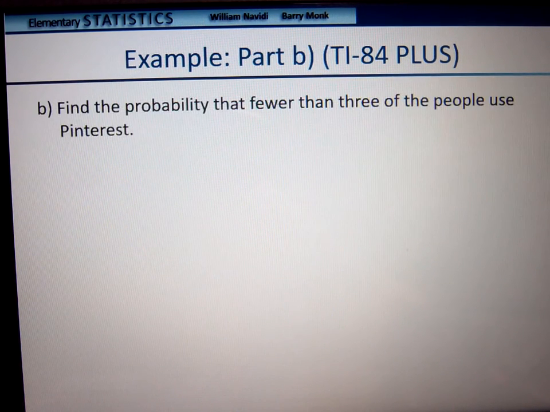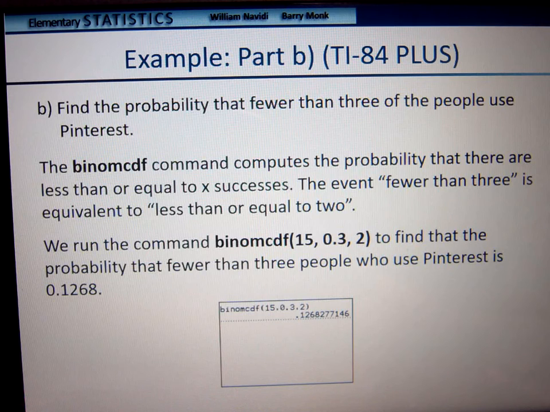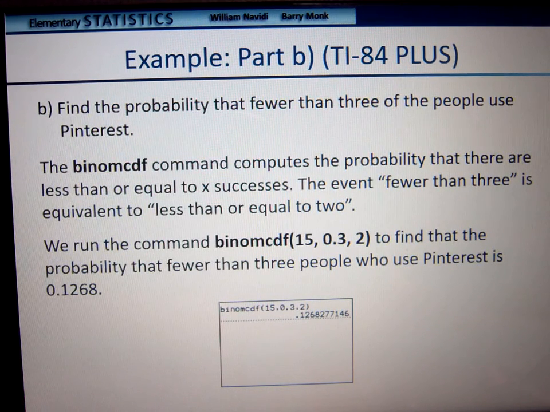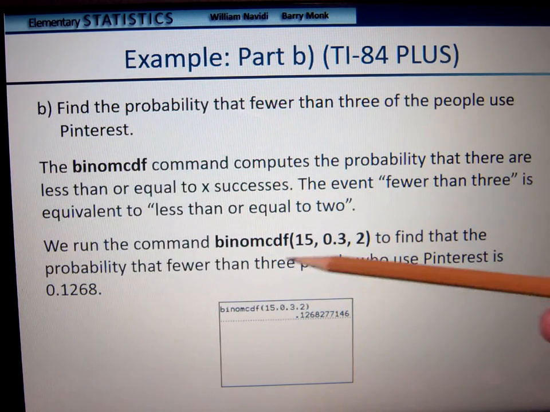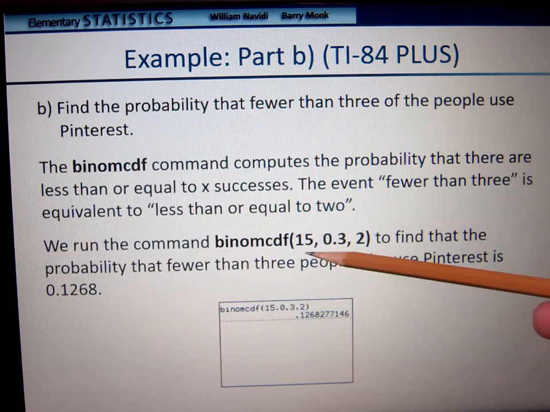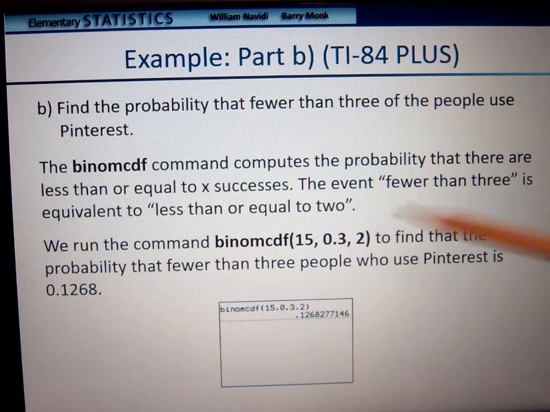Here we have fewer than 3. So here, fewer than 3 is going to be less than or equal to 2. So I can use my CDF command, 15, 0.3, and 2 to find my value.